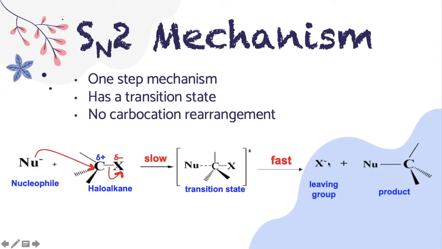So X- leaves as the leaving group, leaving C single bond nucleophile as the product. So going from transition state to product is a fast reaction. From reactant to transition state is a slow reaction.